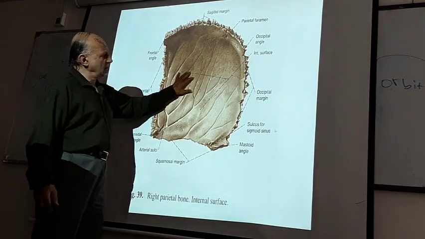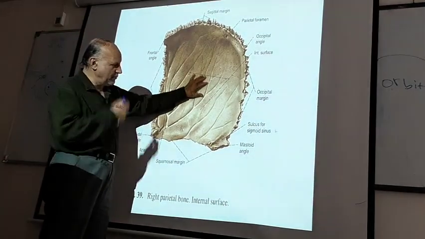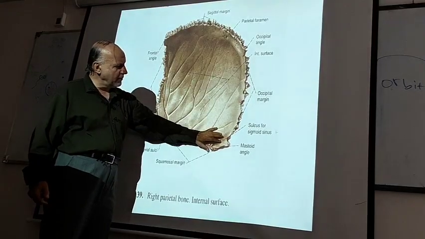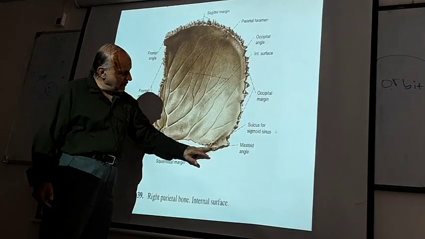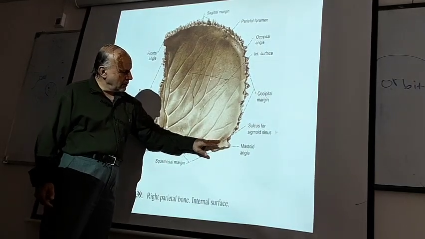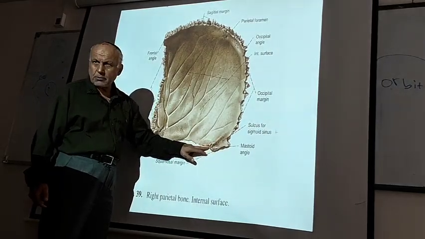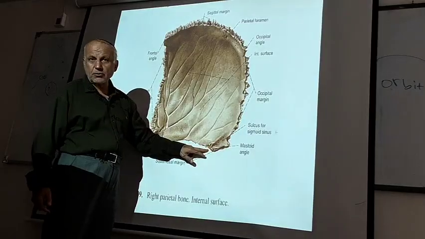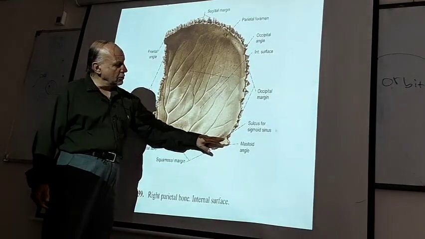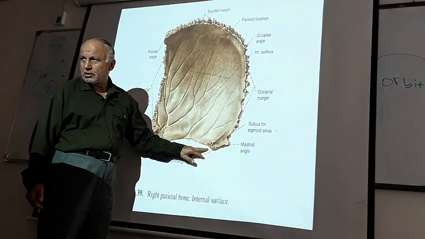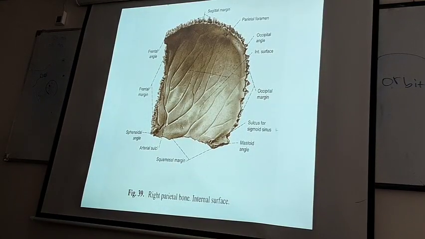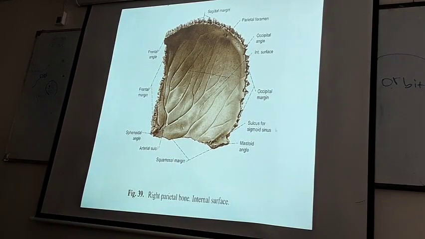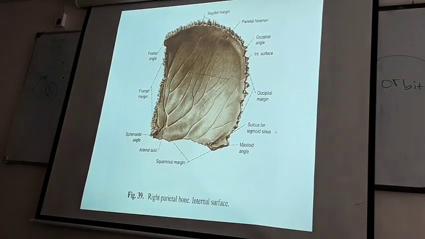Another feature on the medial internal surface, in the posterior inferior part, at the mastoid angle from the medial side, is a short sulcus. It is for the sigmoid sinus. Its name is the sulcus for the sigmoid sinus. From here, the sigmoid sinus begins, and then goes to the temporal bone and to the occipital.